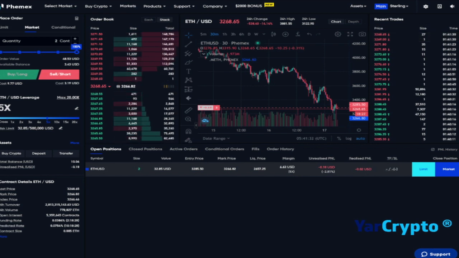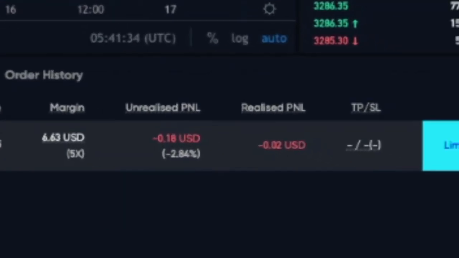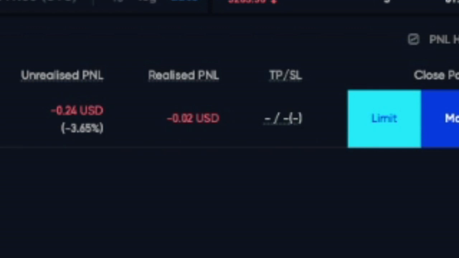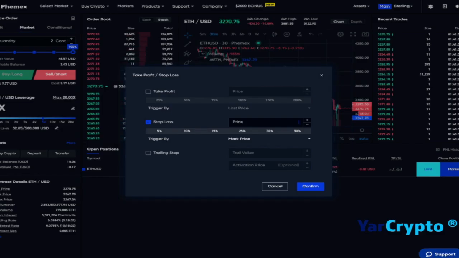So what I would do in this situation is I would click right here where it says TP/SL. So right here I would enter a stop loss right above my liquidation price, or I could enter it right under my entry price. In a later video, we're going to be talking about where you could enter stop losses and what's better for you and less risky in certain situations.